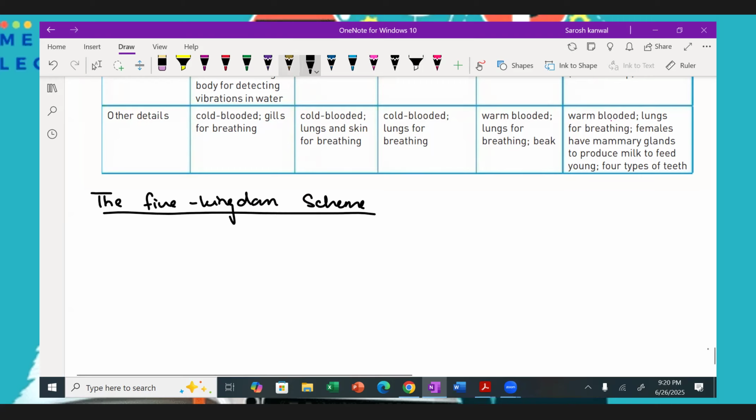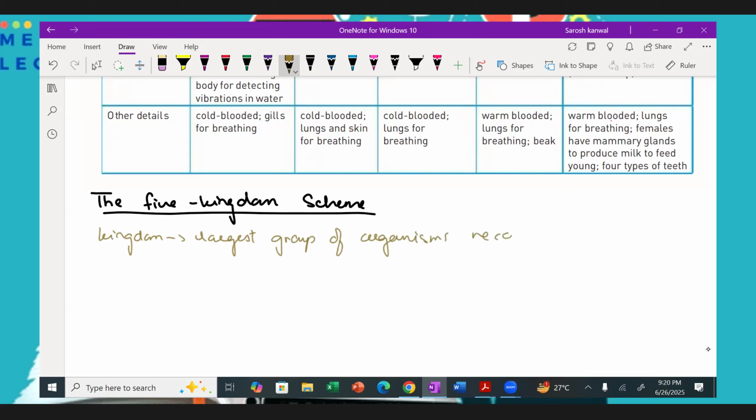The kingdoms that we have are considered to be the largest group of organisms that is recognized by the biologists.